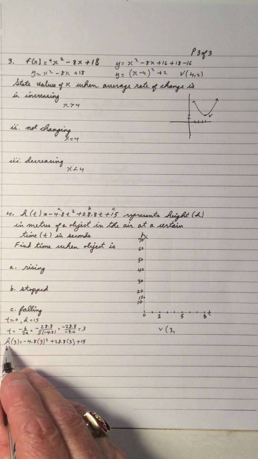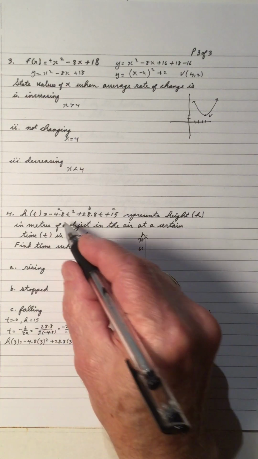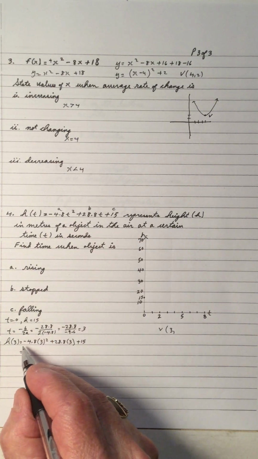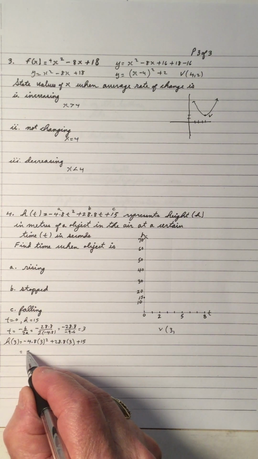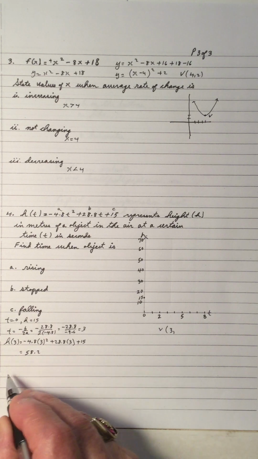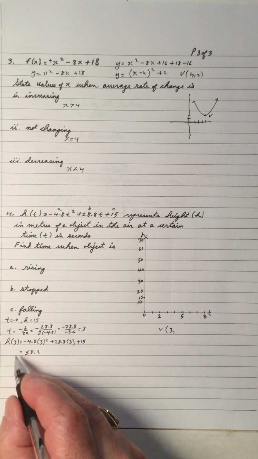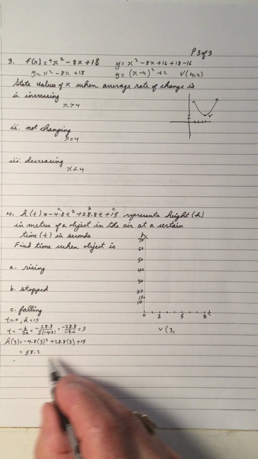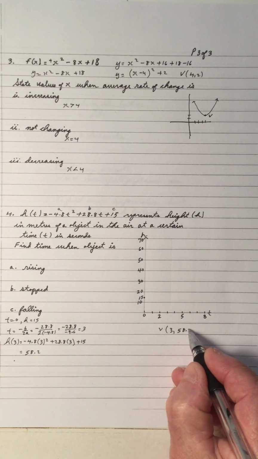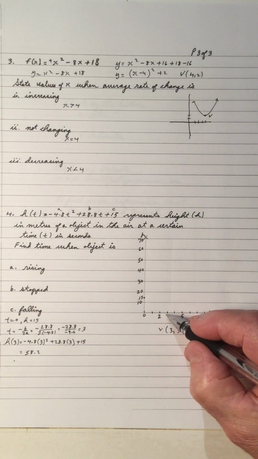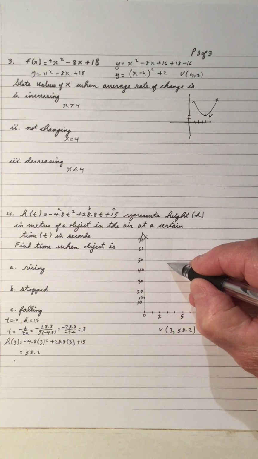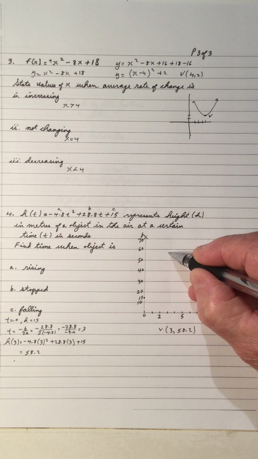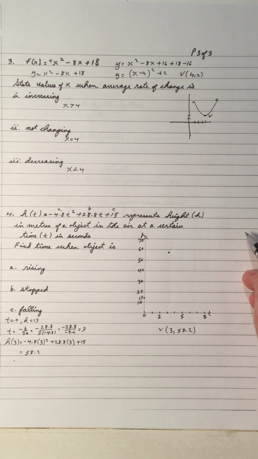By substituting 3 in the place of t and working all that out with a calculator, you get approximately 58.2. So we have a vertex at (3, 58.2). Again, we're not really concerned with the exact value here, so a close approximation is about right there, give or take.